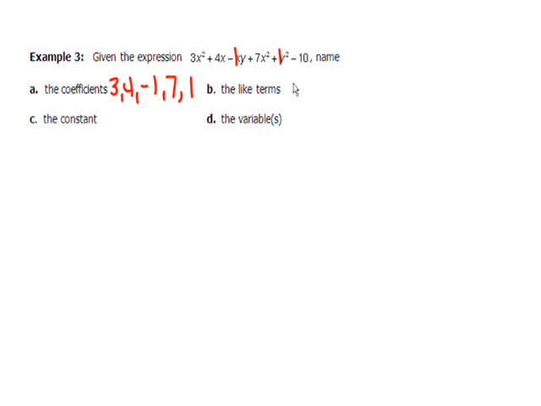So 3x squared plus 7x squared, those would be my 2 like terms, and those are my only like terms. All right, my constant is a number that does not have a variable. So negative 10 is my constant, and then my variables are my x squareds, my x, my xy, and my y squareds. All right, those are my variables. Those are the things that change. So a little vocabulary review.